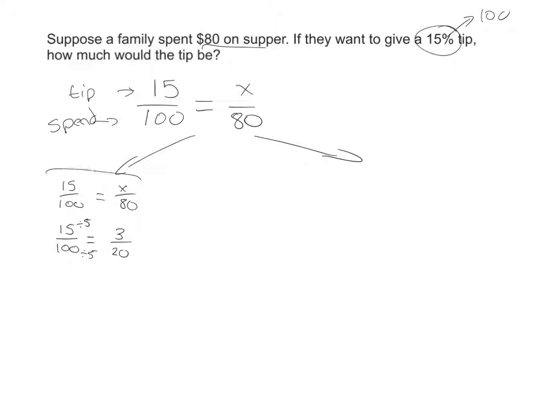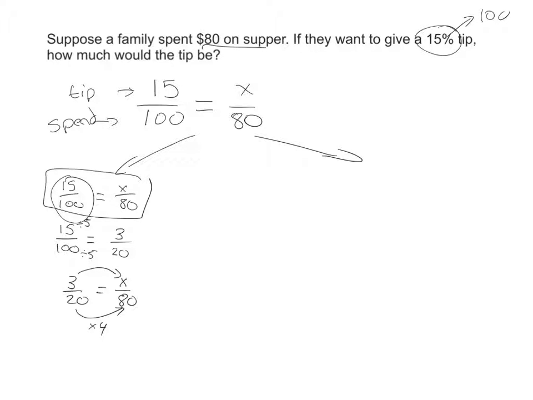So I'm going to go back to my original question, and instead of writing 15 over 100, I'm going to write 3 over 20, and it's equal to x over 80. Now you can see, 20 times what, or 20 divided by what, gives me 80. If I multiply by 4, I get that.